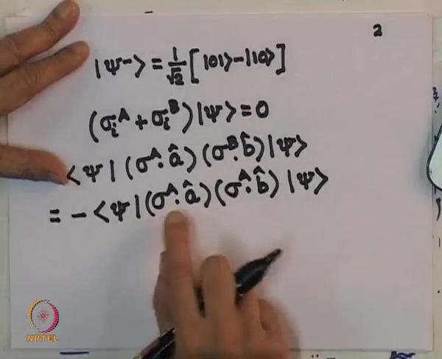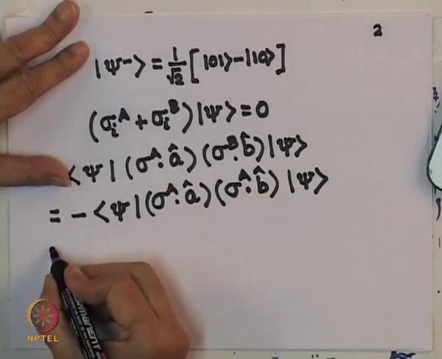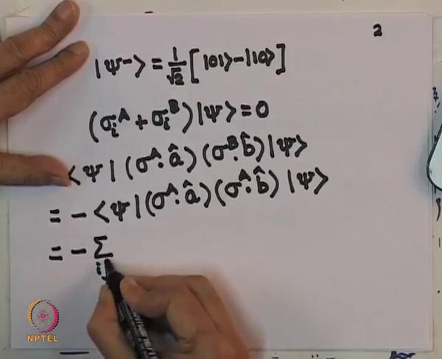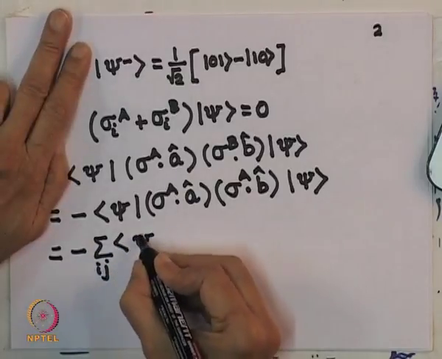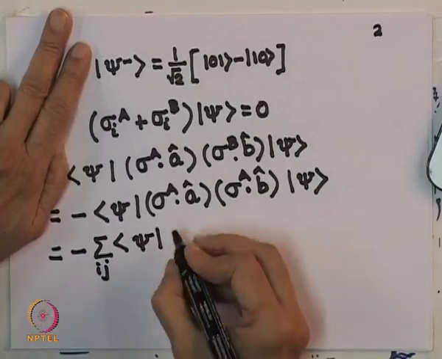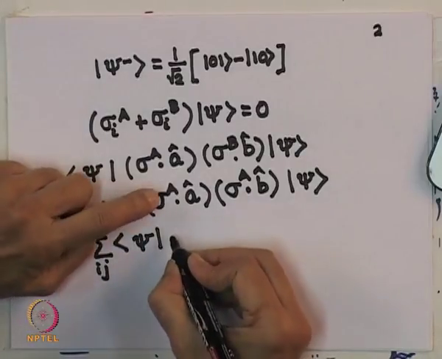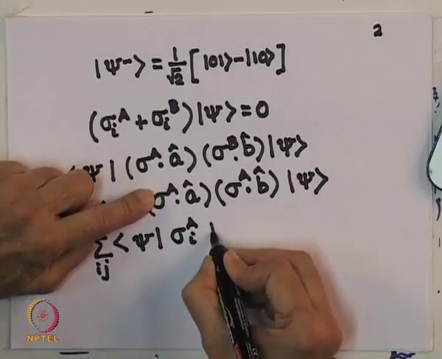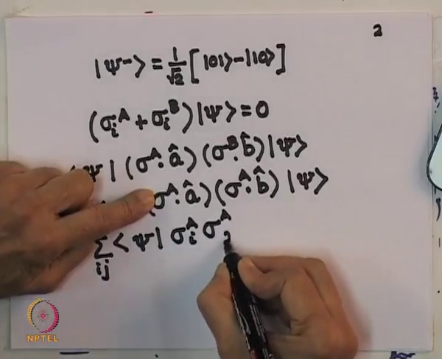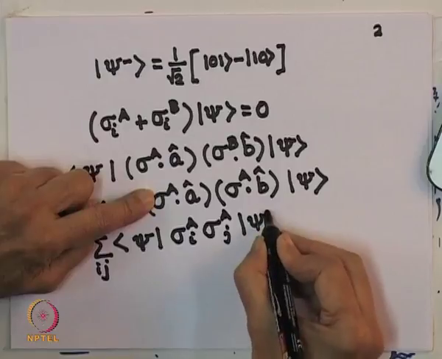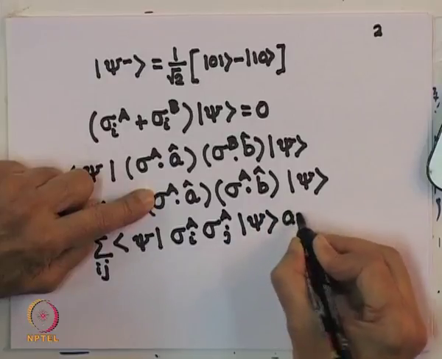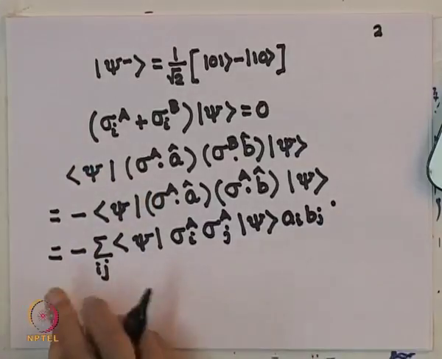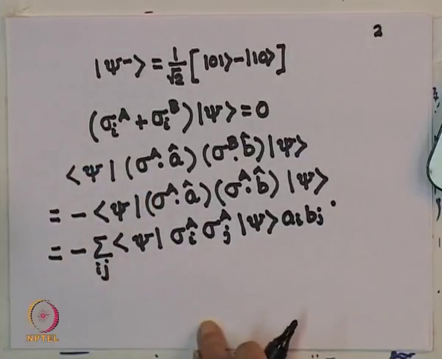Now expressing the dot products, I get this as sum over ij of psi, sigma ai, sigma aj, psi, and of course multiplied with ai bj. This is the quantity that I get.